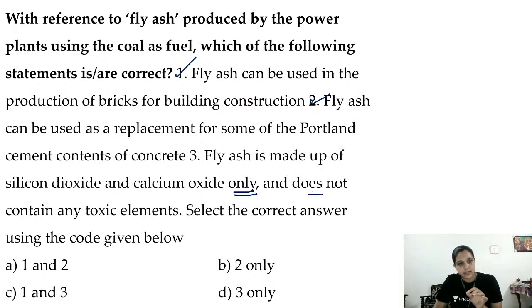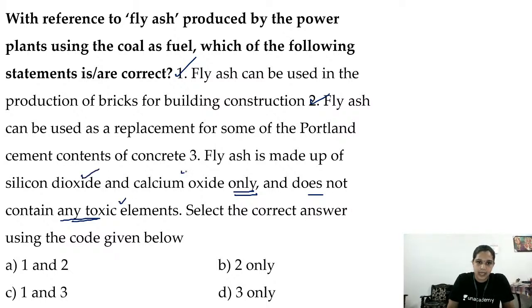And they also say that it does not contain any toxic elements. If it does not contain any toxic elements, why is it becoming a very big problem? Why should we be concerned? Obviously, it contains some toxic elements, and more than silicon oxide and calcium oxide. So the third option is wrong. So the answer is 1 and 2 only. Clear?